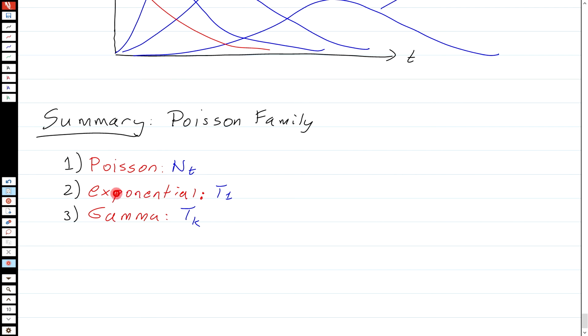In the geometric we measured time in number of trials; now we're actually measuring time. So T1 is a continuous random variable, the time to the next arrival in the Poisson process. And gamma is the analog to the negative binomial, except the negative binomial counted time in number of trials. Now we're counting time explicitly, and so T_k is the real time until the kth arrival.